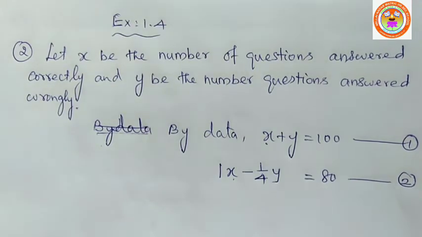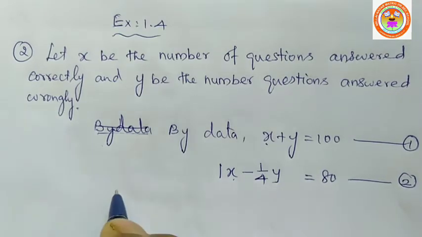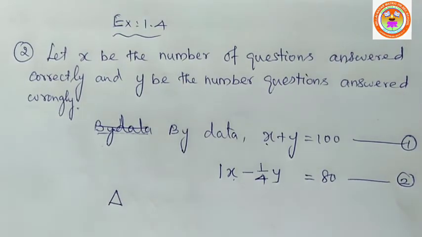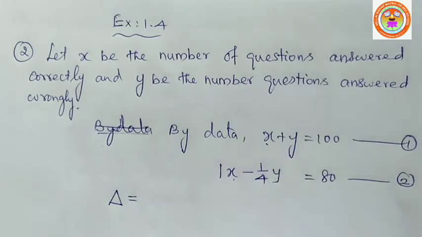We know the working process of Cramer's rule. Cramer's rule is otherwise called the determinant method, right? So there are 2 names: one is Cramer's rule or Cramer's method, and the other is called the determinant method. Okay. So first we have to find delta. Delta is obtained from the 2 equations.